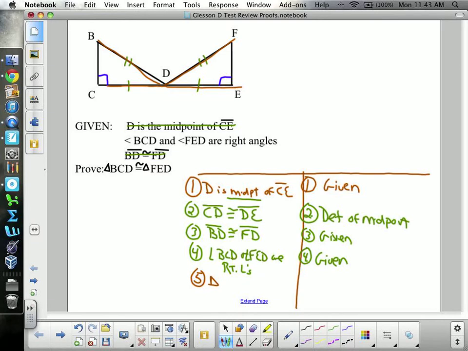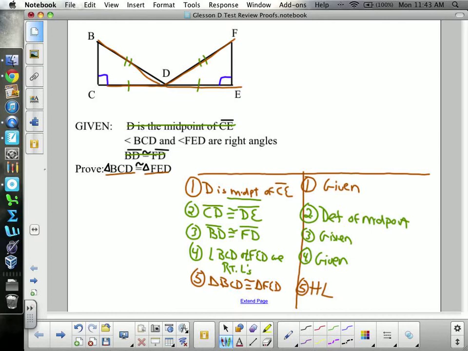So triangle BCD is congruent to triangle FED. HL. And we're done. How could this be different?